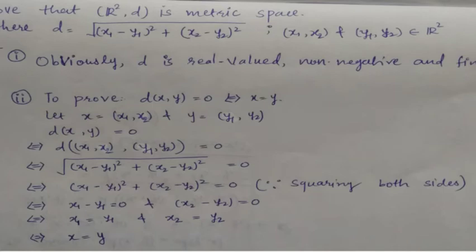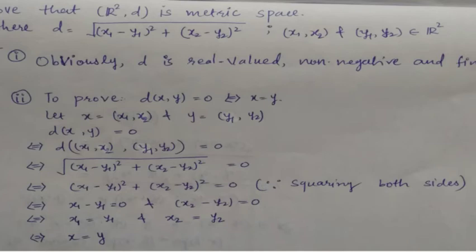So here you can see that (x1 minus y1) whole squared plus (x2 minus y2) whole squared equal to 0 will imply that x1 minus y1 is 0 and x2 minus y2 is 0.